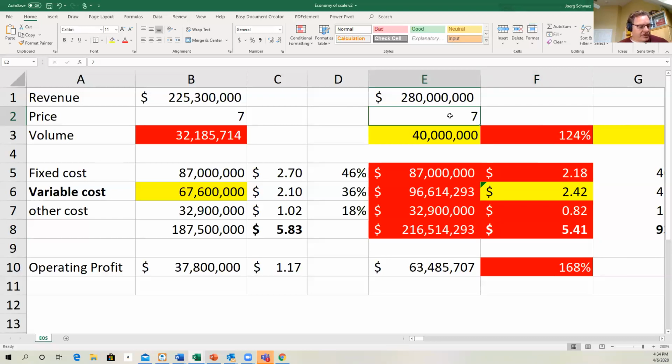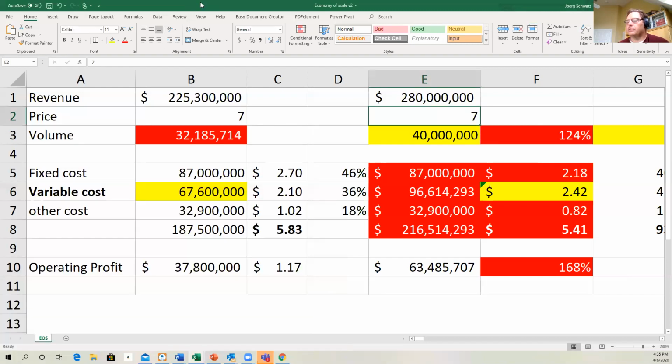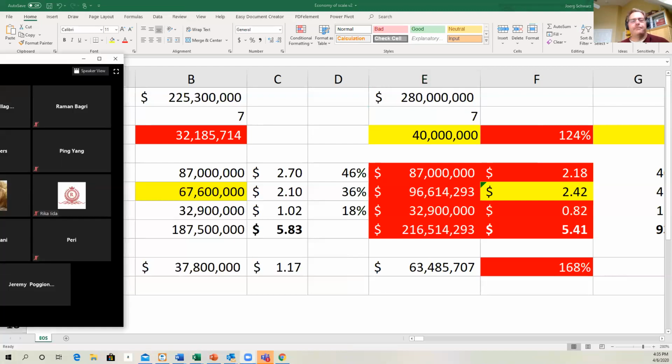We're halfway through the simulation, so by now you should have all found the price point demand in the simulation. Let me see if I can pull that up here.